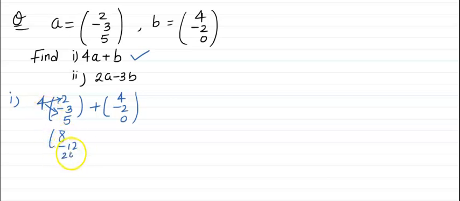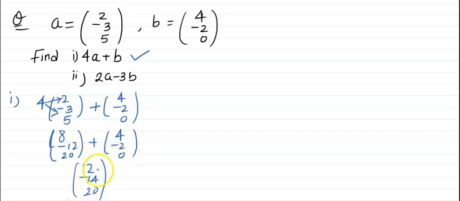And 4 times 5 is 20. Then you are adding 4, minus 2 and 0. So 8 plus 4 becomes 12, minus 12 and minus 2 becomes minus 14, and 20 plus 0 becomes 20. So this column vector 12, minus 14 and 20 represents 4A plus B.